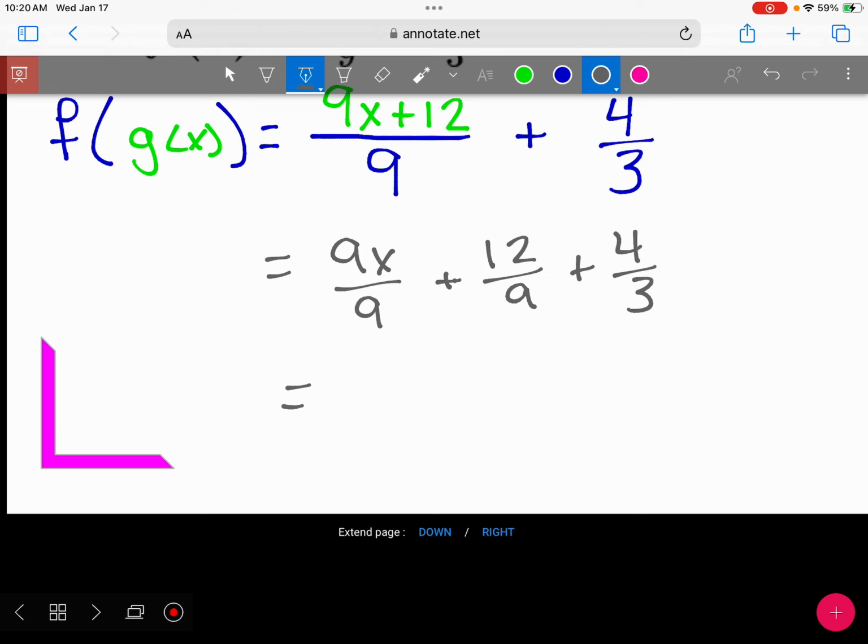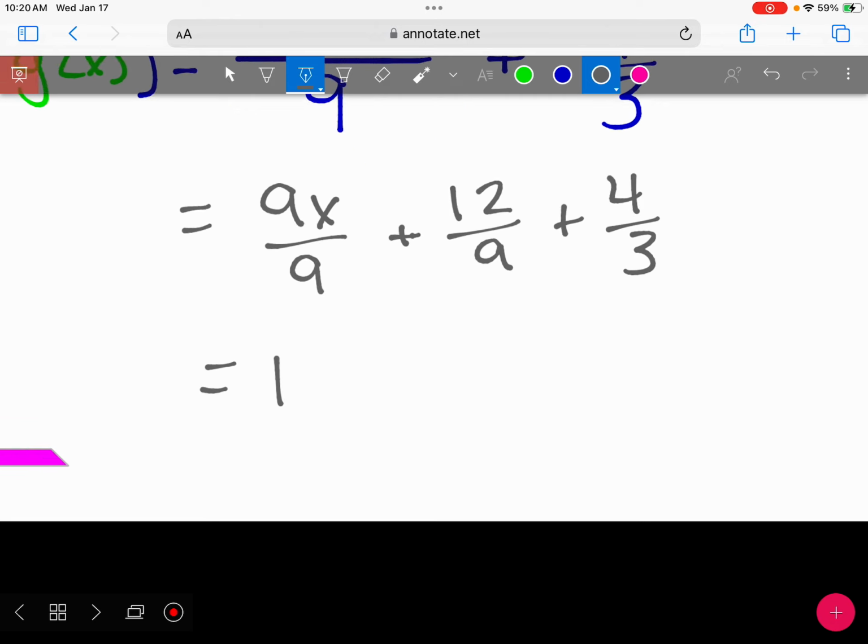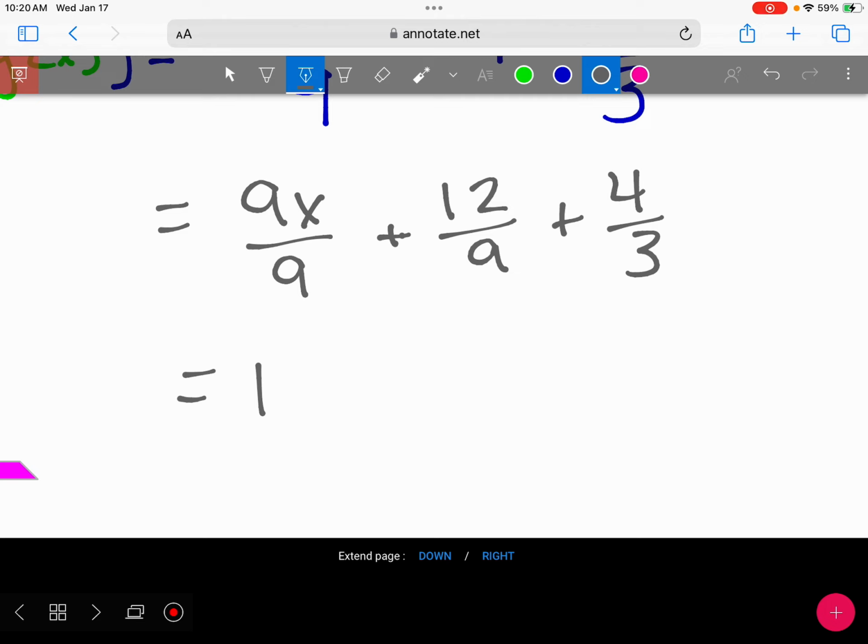What is 9x over 9 going to simplify down to? x. How about 12 over 9? Four-thirds. And then we have another plus 4/3. When we combine those together, what does that equal?